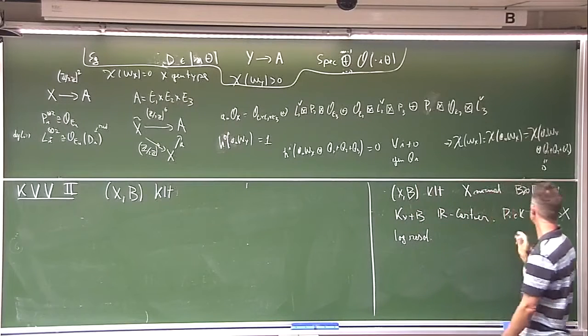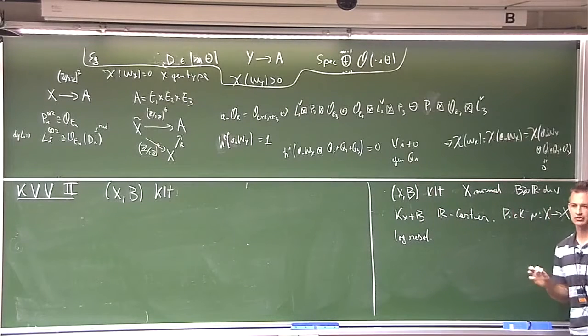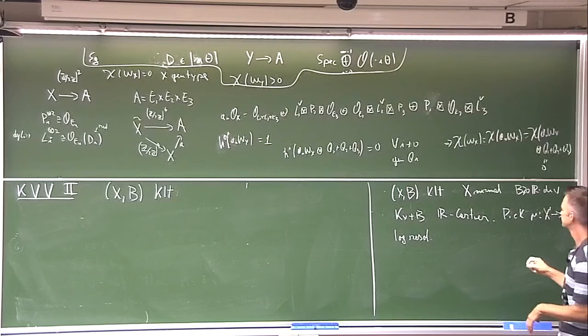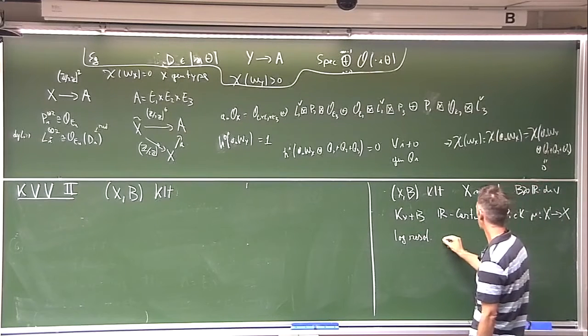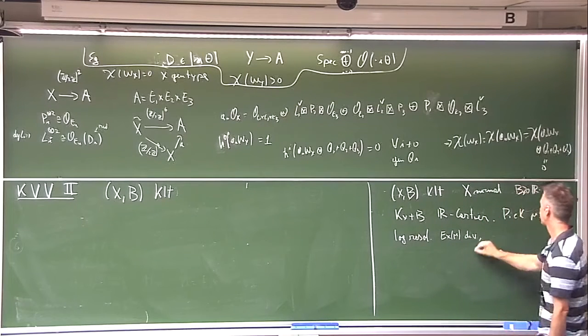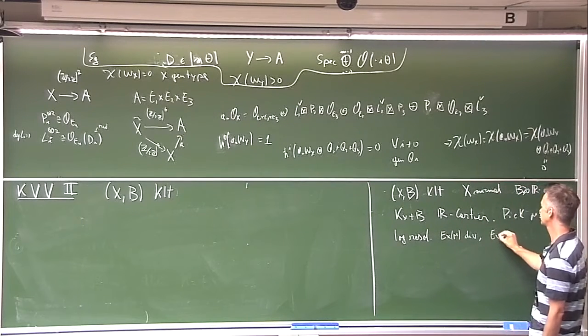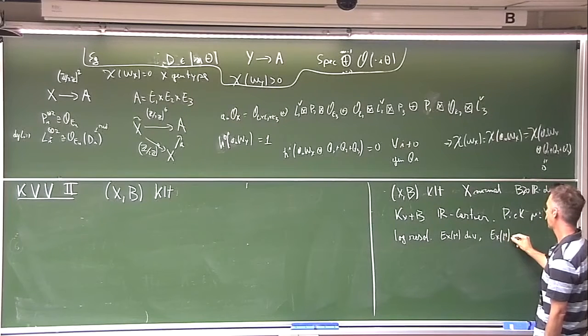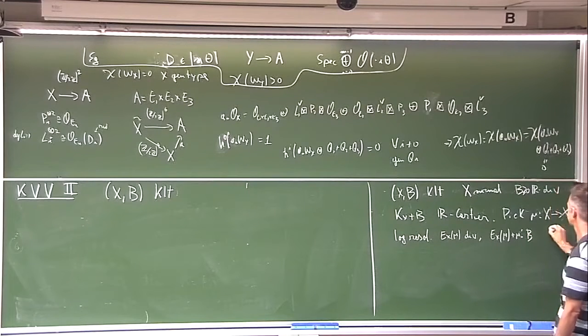So again, one needs to be slightly precise about what you mean by log resolutions. I want to assume that the exceptional locus of mu is a divisor. And I want to assume that when I look at the exceptional locus of mu and take the strict transform of B, this has simple normal crossings.